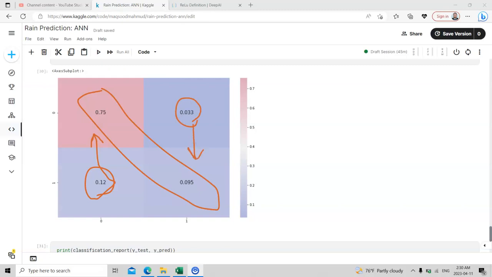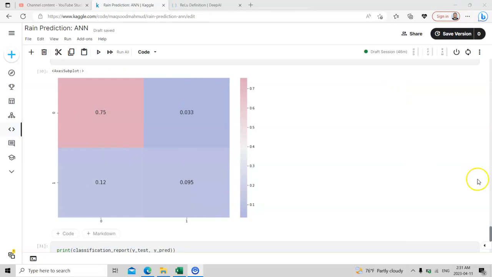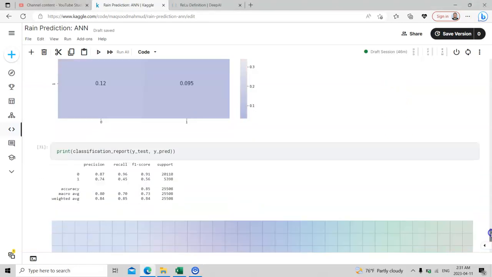So 75% is your correct prediction, and 9.5% is your misclassification or misprediction. This one shows the error in this one, and this shows the error in that one. So this is the overall confusion matrix.